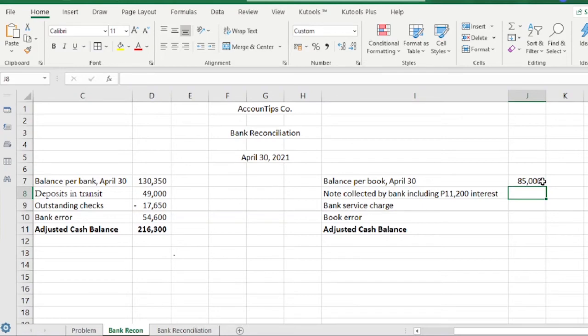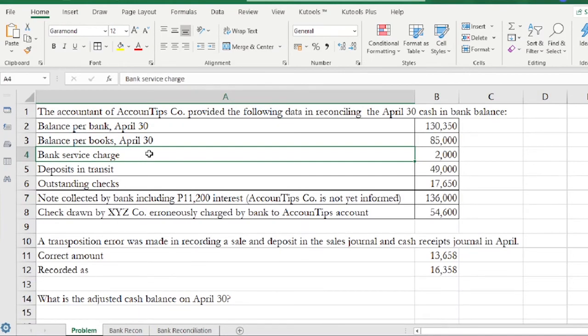The first book adjustment is the bank service charge, which is an example of a debit memo. Debit memos, like bank service charges, pertain to deductions or bank debits made by the bank to the depositor's bank account but not yet recorded by the depositor.